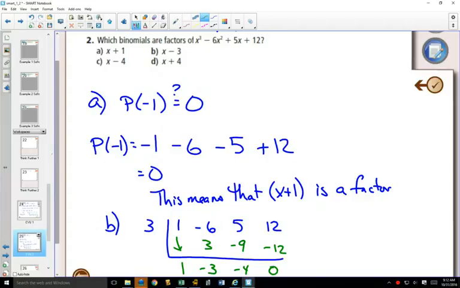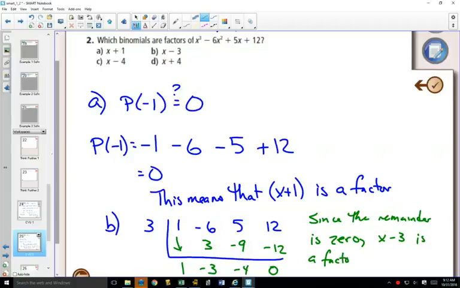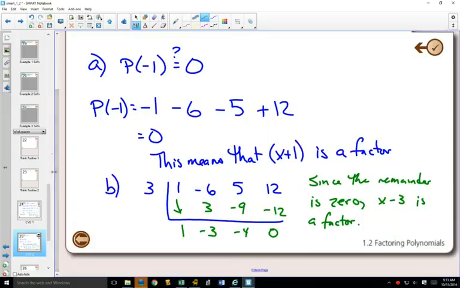So the factor theorem says, since the remainder is 0, x minus 3 is a factor. If we ever get a remainder of 0, that means that thing is a factor.